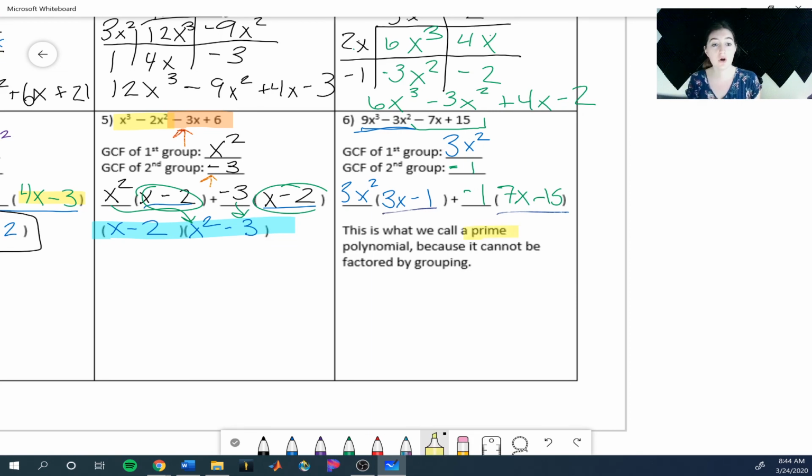Now, if you know what prime means, it can only be divided by 1 and itself. So 2 is prime, 7 is prime, 5 is prime. 5 can only be divided by 1 and 5. That's it. It can't be divided by 2. It can't be divided by 3. That is prime. So this polynomial is prime because it cannot be factored by grouping.